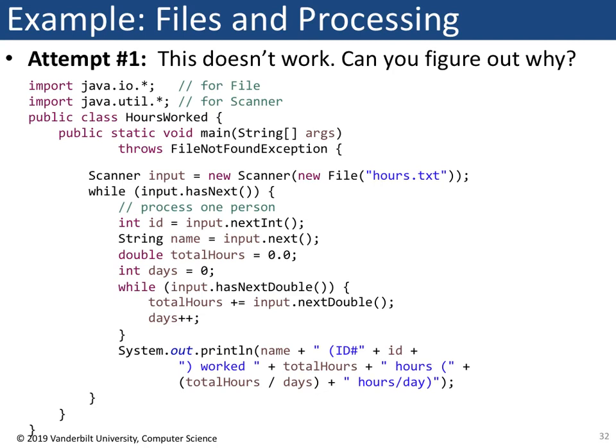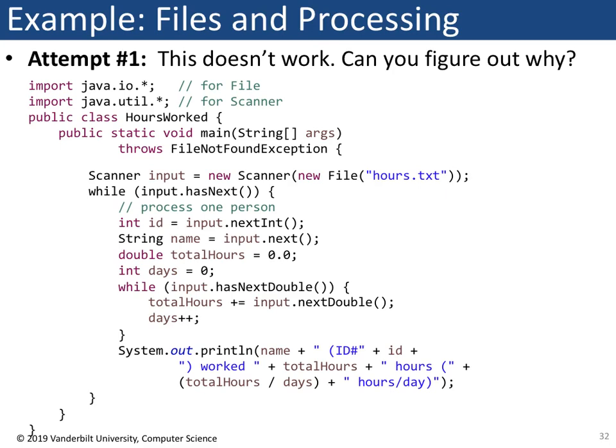However, this code doesn't work. The reason it doesn't work is because the hasNextDouble method will return true on the next person's employee ID. So it will read all of the hours worked, and it will get to the new line, and then it will move the input pointer to the next token, which will be the employee ID for the next person.